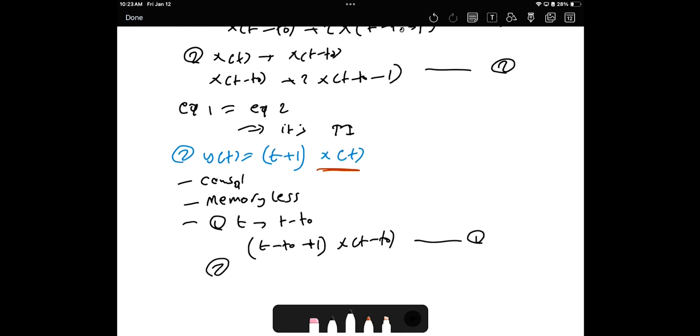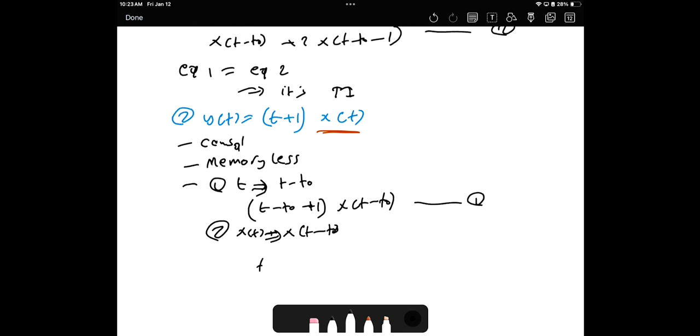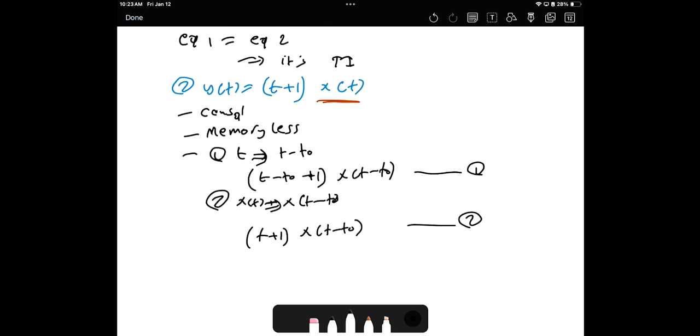The second test is to replace every x of t by x of t minus t0. So it will be t plus 1 times x of t minus t0. Now, does equation 1 equal equation 2? No. Therefore, it is time variant.